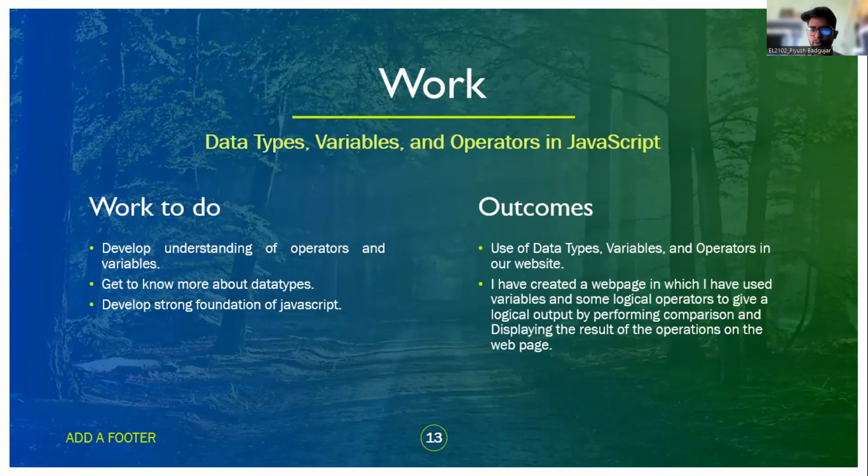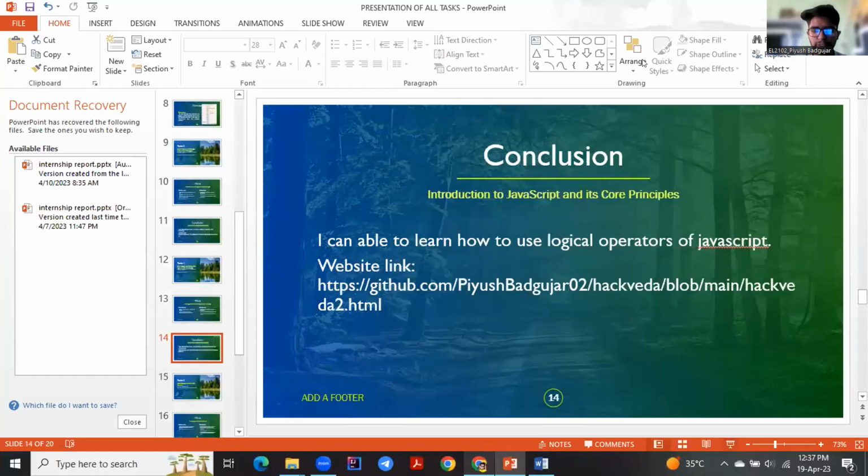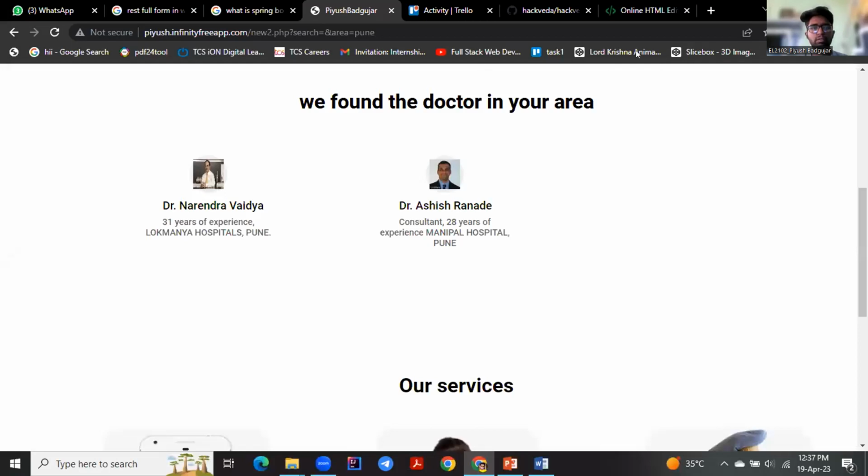The outcome from this work is that I have used data types, variables and operators in my website. I have created a web page which uses variables with some logical and arithmetic operators, so it can perform well. Wait, I will showcase it.